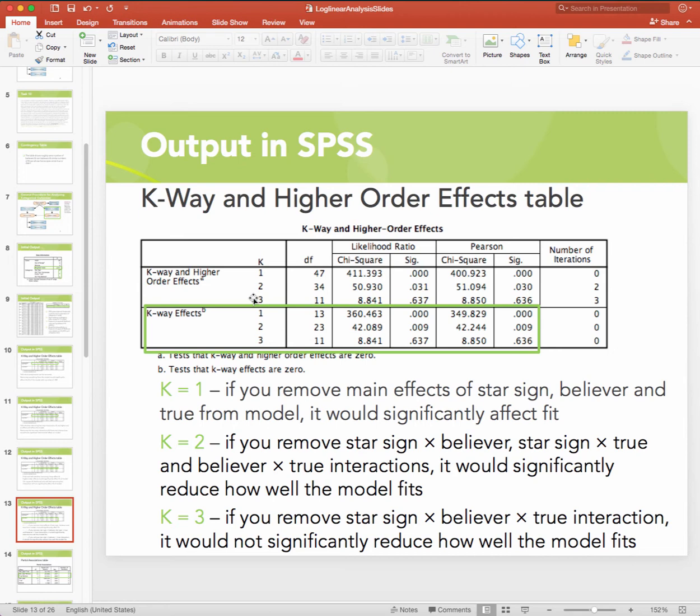What this is actually telling us is that the three-way interaction is not significant. Removing it from the model does not have a significant effect on how well the model fits the data. We also know that removing all two-way interactions does have a significant effect on the model, and so does removing the main effects. But you have to remember that loglinear analysis should be done hierarchically, and so these two-way interactions are more important than the main effects.